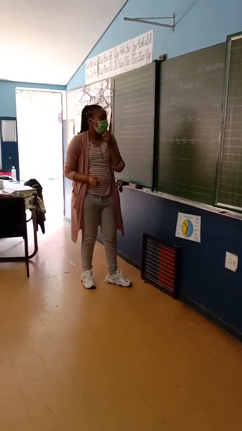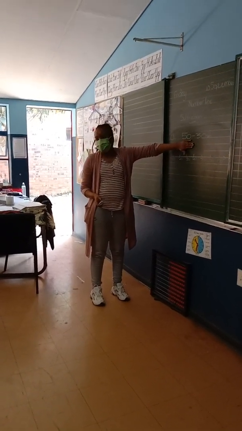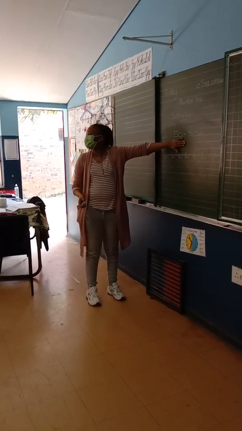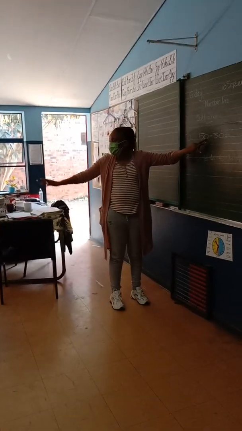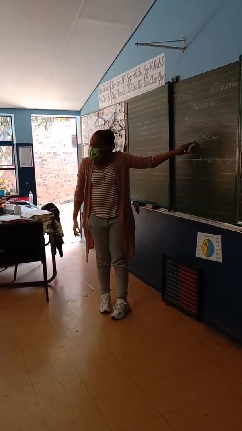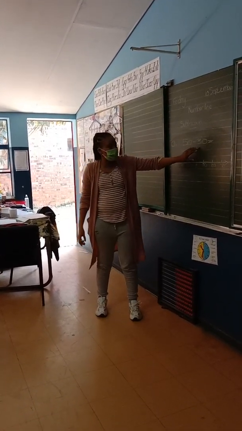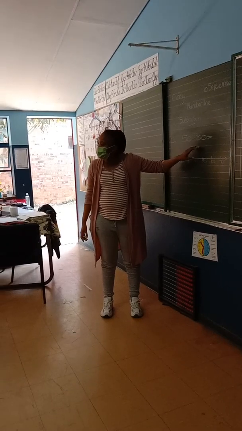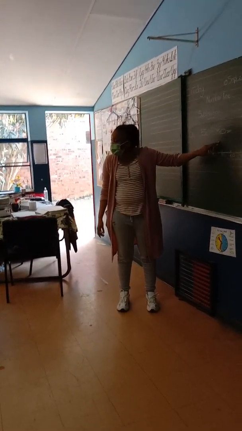Okay. And now, Zani, what are we doing? Can you see the sum? What does the sum say? Everyone keep quiet. What does the sum say? Okay, so from 50 minus 30, what's the next thing we're doing?